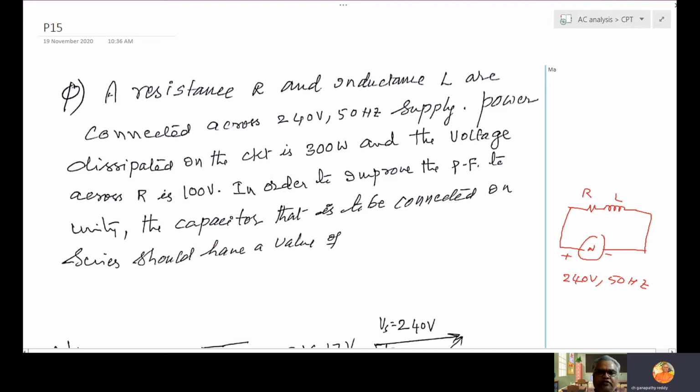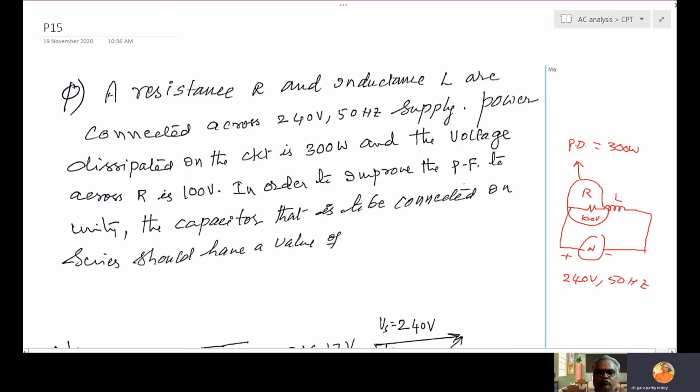The power dissipated in the circuit is 300 watts, and only the resistor will dissipate power. So the power dissipation in this resistor is 300 watts. The voltage across the resistor is 100 volts.